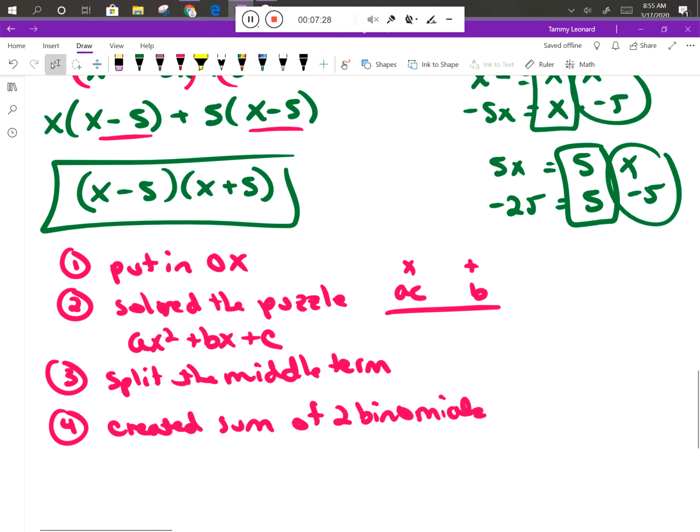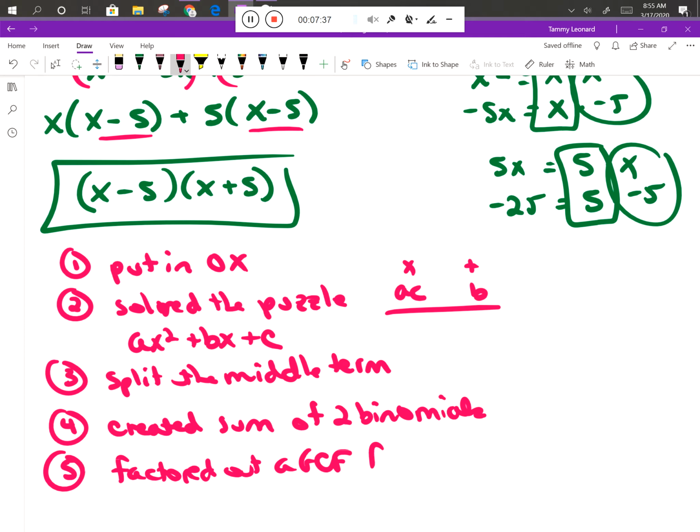The next thing we did is we factored out a GCF from each binomial. That got us to the step you see at the top of the screen right now, the x times x minus 5 and the 5 times x minus 5.